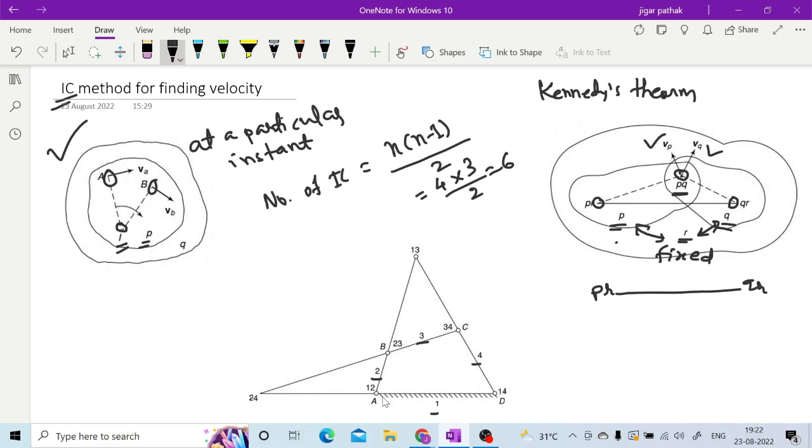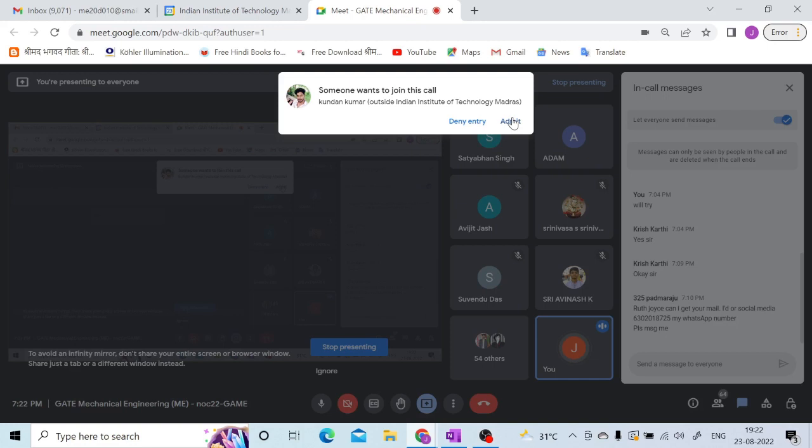In this mechanism, whenever you have a turning pair, the two links joined by the turning pair must have their instantaneous center on the center line of the pin used to join them. So 1 2, 2 3, 3 4 and 1 4 have their instantaneous centers of rotation at the points at which they are joined.